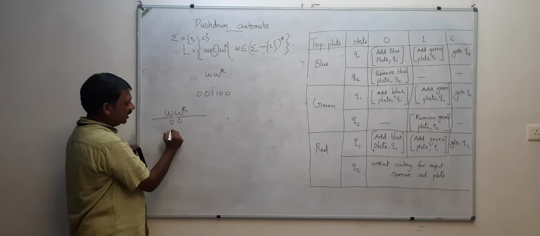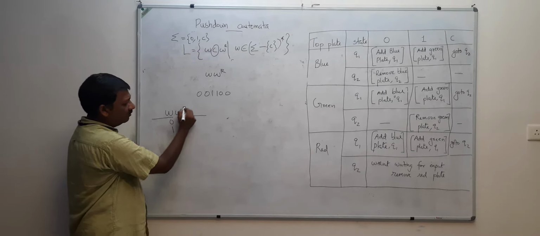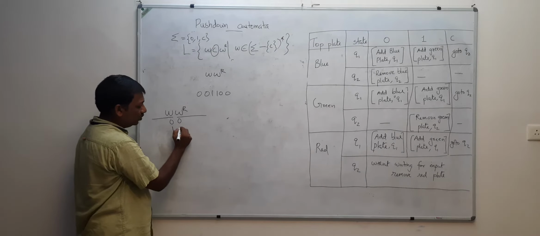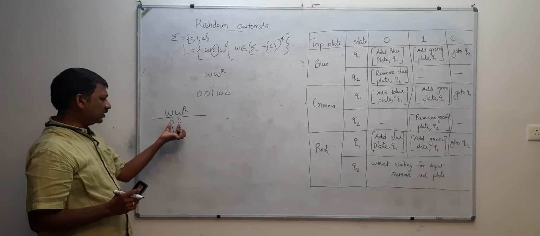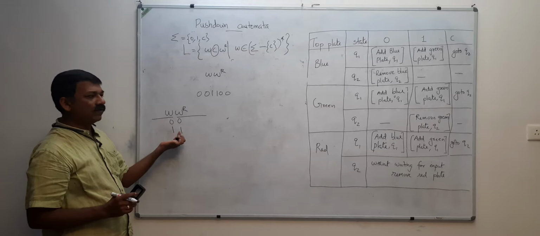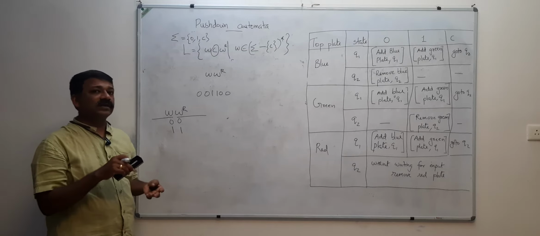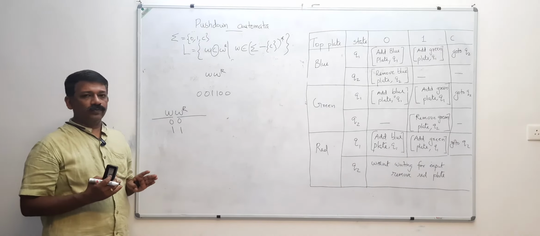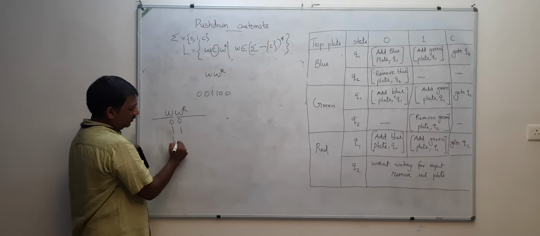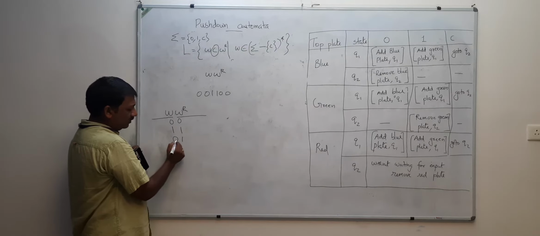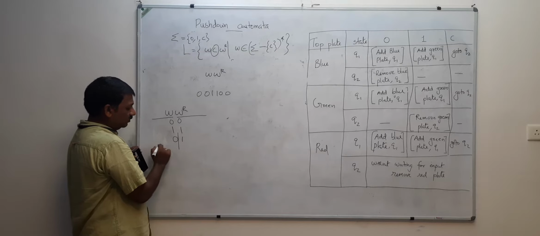And if your W is ending with 1, W raised to R should also start with 1. That means if you have such a combination 0, 0 or 1, 1, there we are expecting the end of W. But if you have 0, 1, that is not a terminating point of W.